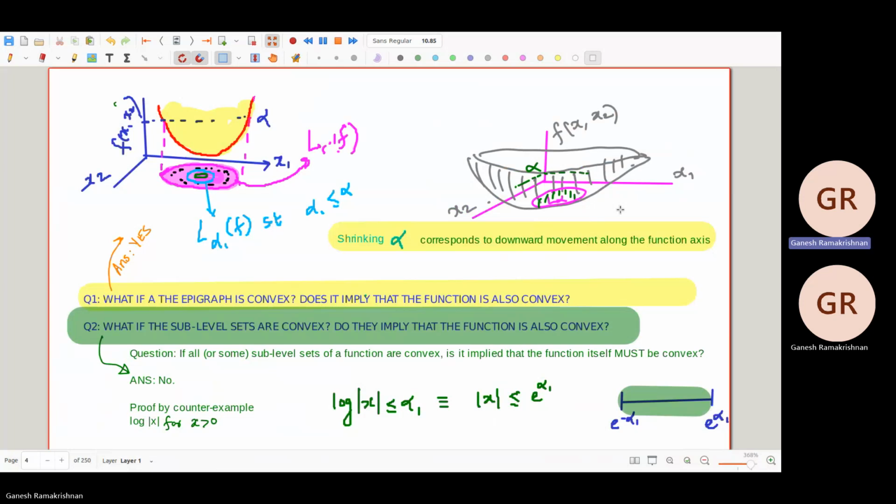No matter where I clip, I'll end up getting a convex set. So this is what gives us a new name, quasi-convexity. Functions with sublevel sets which are all convex have a special name. They're called quasi-convex functions.